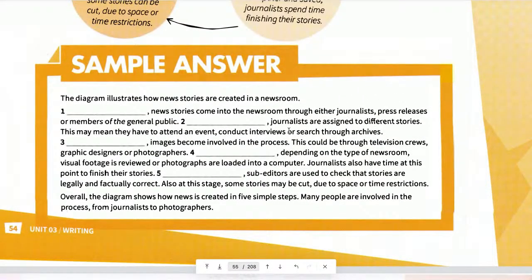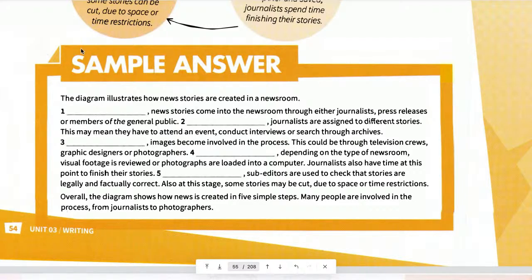Now, sample answer. Okay, let's read that together, shall we? Ngọc Anh, read the first sentence. No, the sample answer. The diagram illustrates how news stories are created in a newsroom.